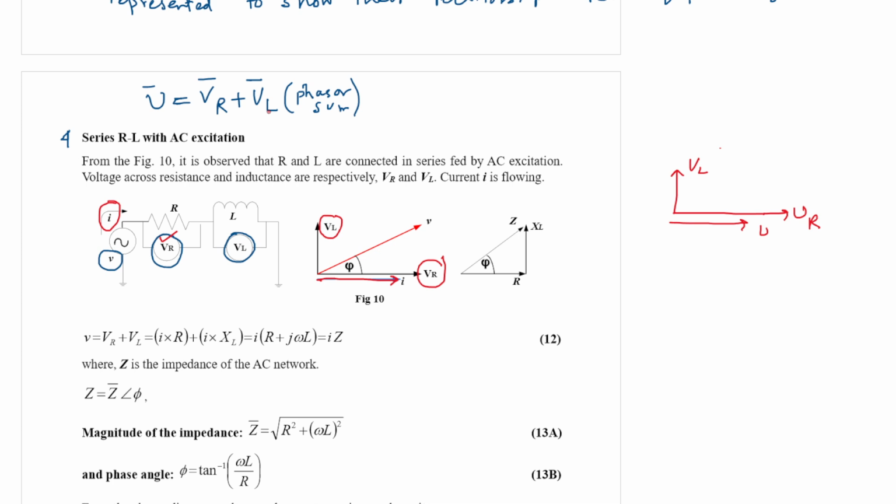And from this equation, VR plus VL is represented by this phasor, this is V, the supply voltage. The angle between the supply voltage and current is called the power factor angle.